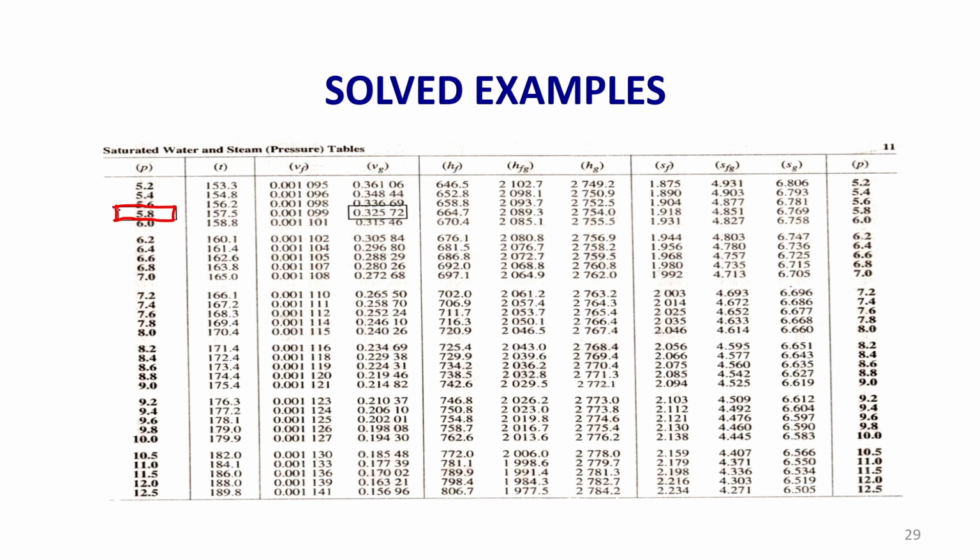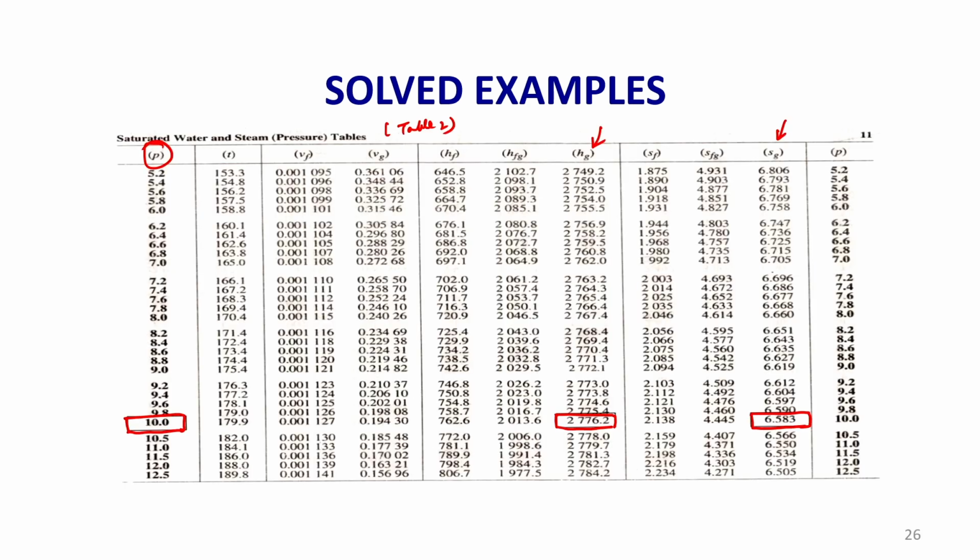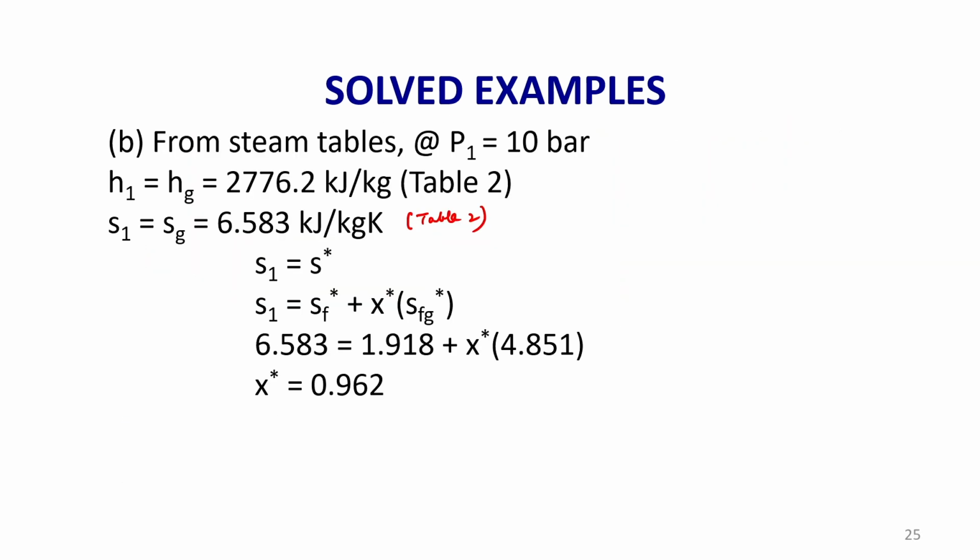Here I am not taking the properties at the exit pressure; I am taking the properties at the critical pressure of 5.8 bar. Again I am using the same table, table 2, where I have taken the Sf value 1.918.